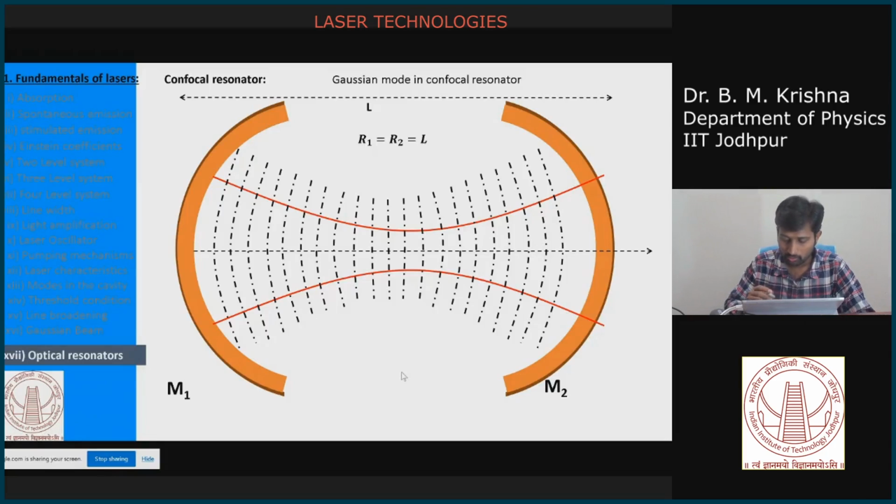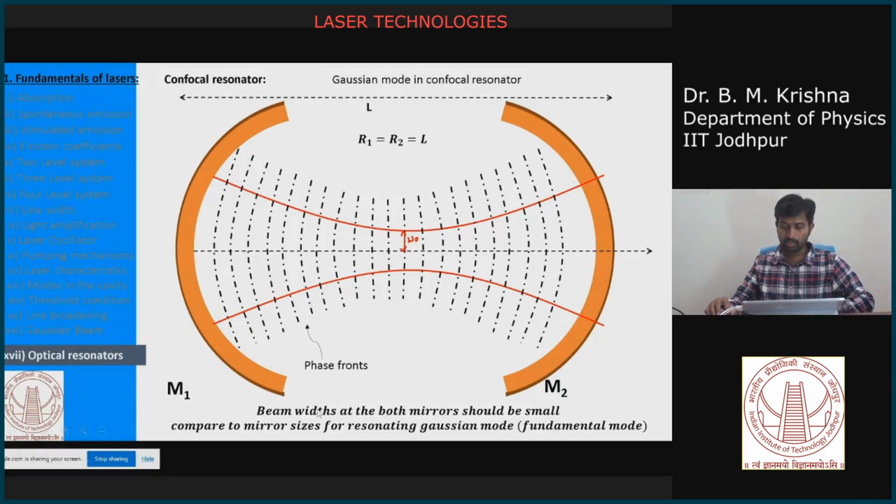Okay, we already discussed the Gaussian beam conditions. So this is your beam width radius, W naught, and this whole thing will be beam width W to W naught. The beam widths at both mirrors should be small compared to the mirror sizes for resonating a Gaussian mode.